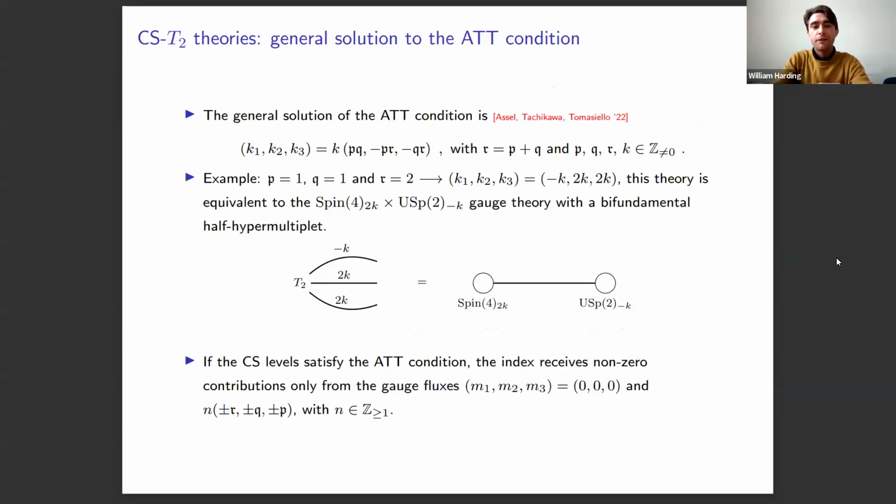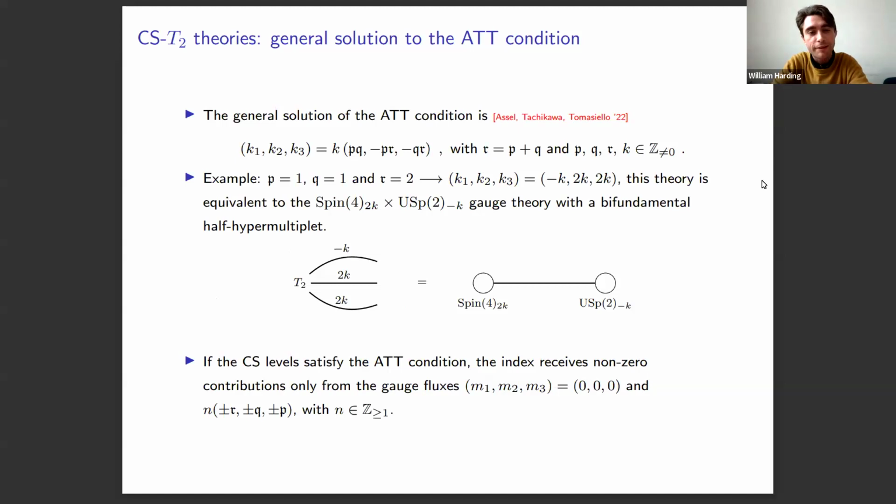Okay. So, the general solution of the ATT condition is given by the following expression. So the Chern-Simons levels will depend on 4 non-zero integers. So an overall integer k, and then these integers p, q, and r, where r is defined to be equal to p plus q.